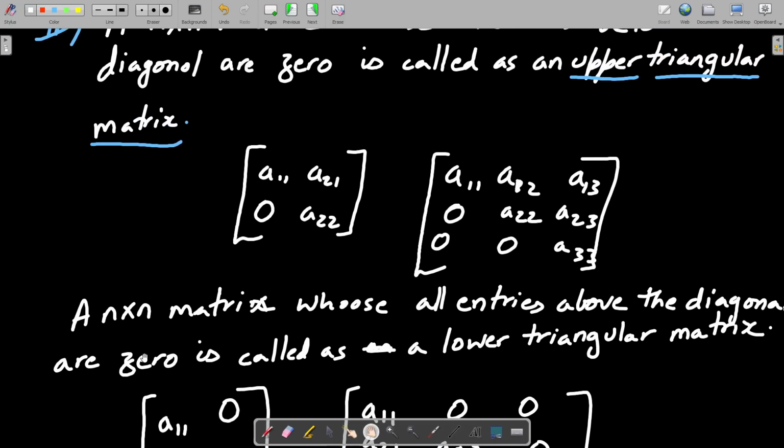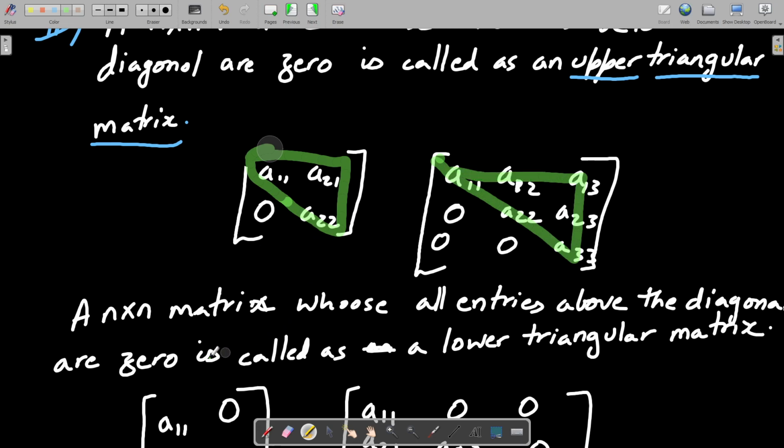Why the name triangle? It's a little clear from the design of this. Just observe this design. It forms like a triangle over here. Same thing over here. This is also a triangle, right? Can you see there's a triangle formed there? So this is upper triangle because the triangle is on the upper side.